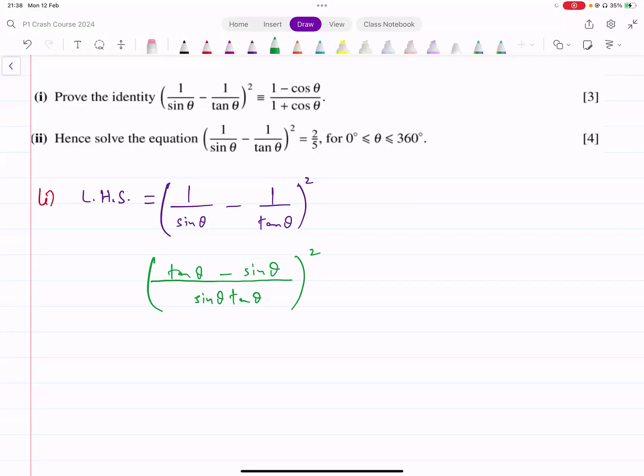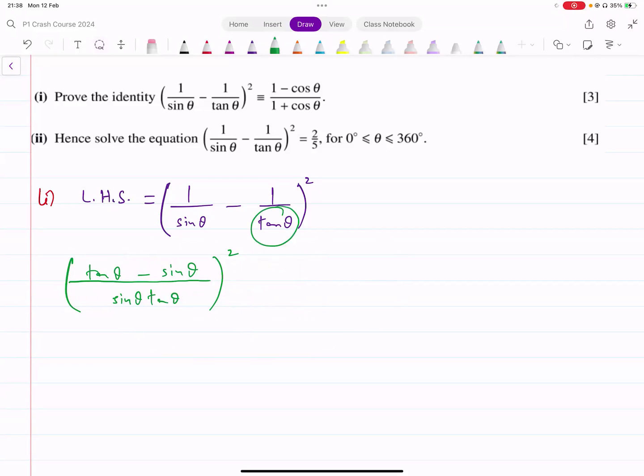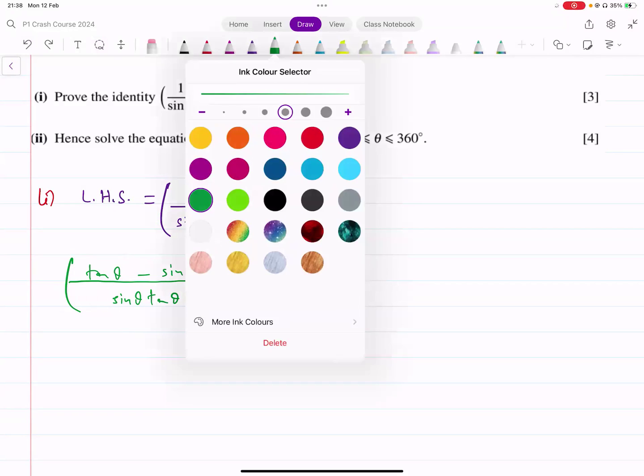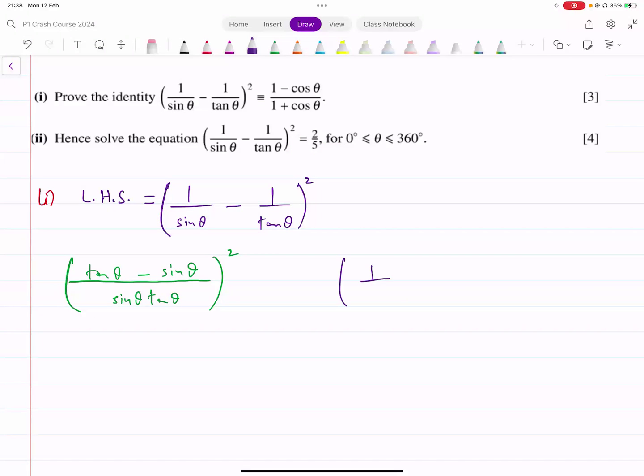On the other hand, if you were to convert tan to sine over cos before taking LCM, let's see what happens in that case. It would become 1 over sine theta minus 1 over (sine theta over cos theta).